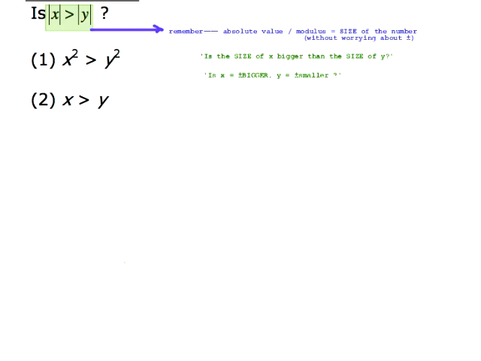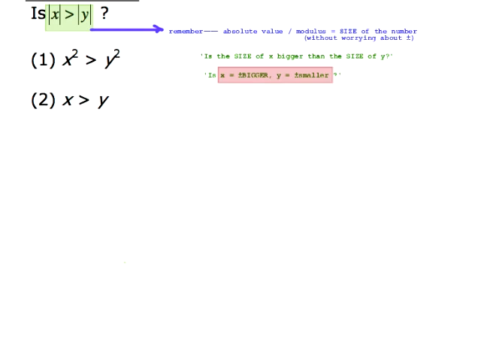It doesn't matter what the sign is, it just matters which is bigger. If you are more number line inclined, instead of size of number, you can also think of it as the distance of x from 0, how far away from 0.